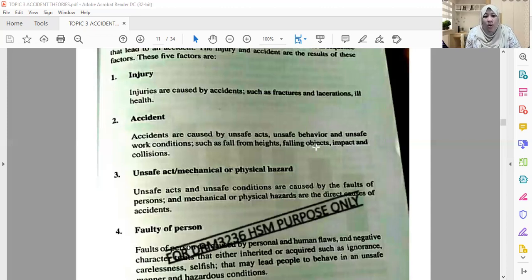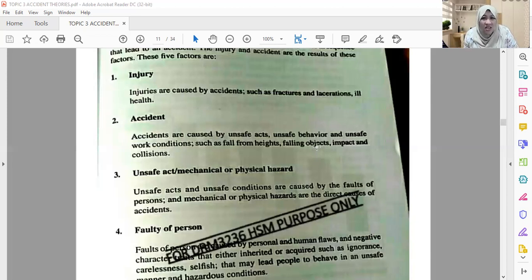And then unsafe work conditions, meaning to say when you're handling the job, you are not practicing the safe condition. For example, like today, due to the pandemic, right? When you want to handle the COVID-19 patients, we have to use the whole PPE, personal protective equipment, but you take it lightly and you just go with the flow and not use any PPE.